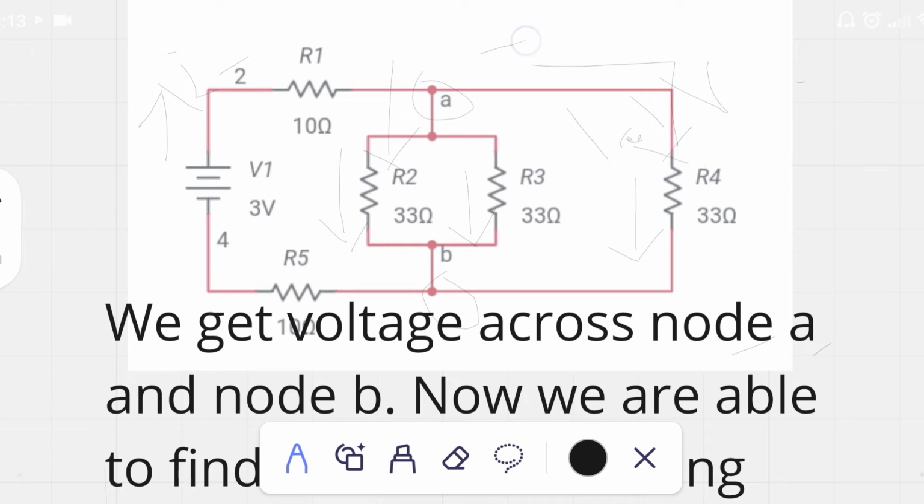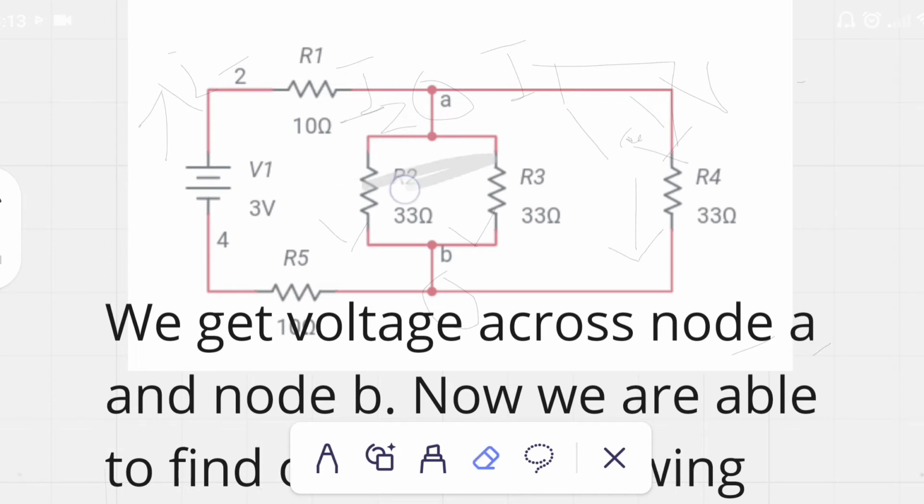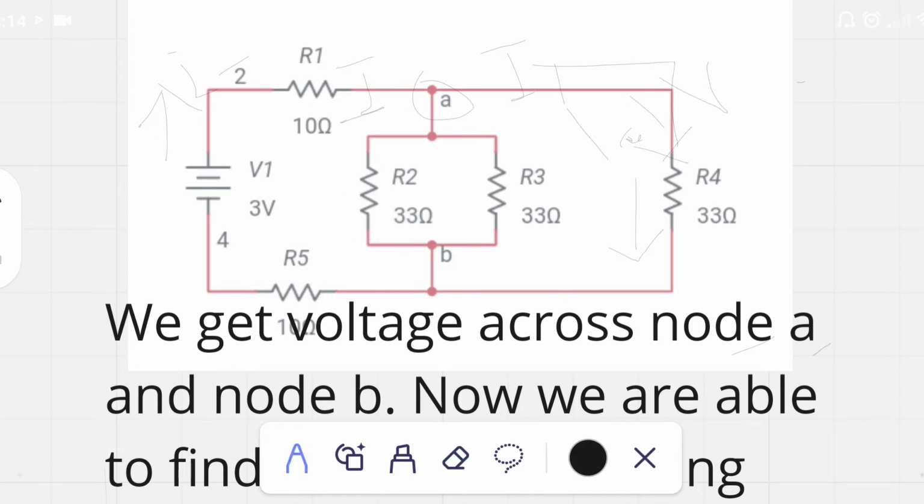This value of current is I1, which is flowing through R4, and this value of current is I2, which is further divided into R2 and R3. So I2 is further divided into current flowing through R2 and current flowing through R3.